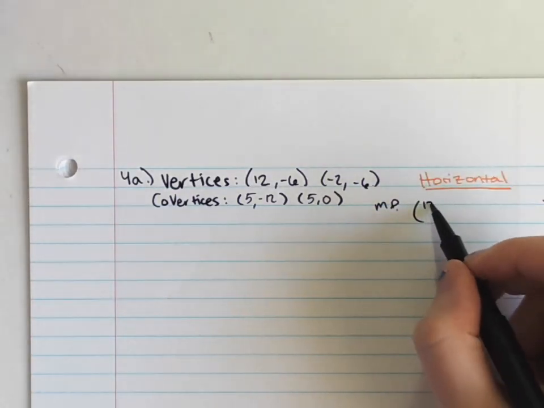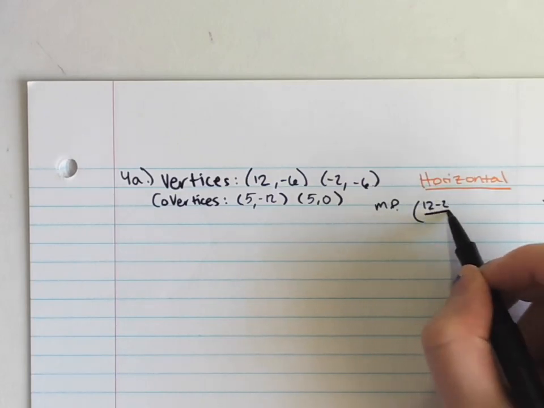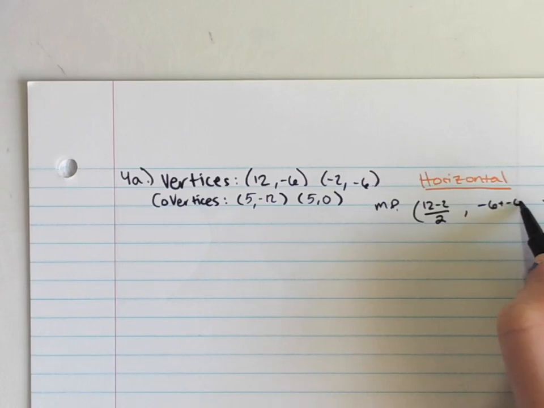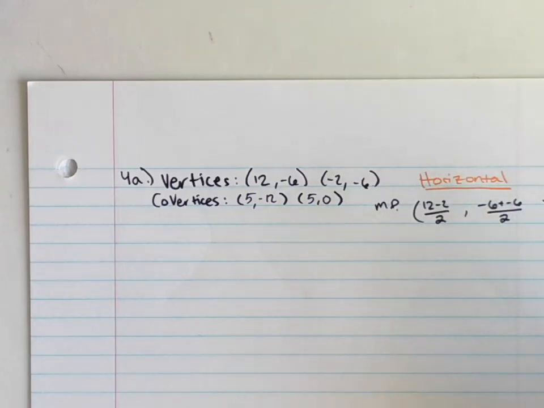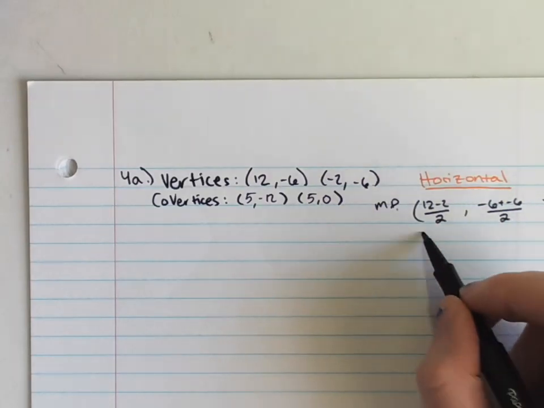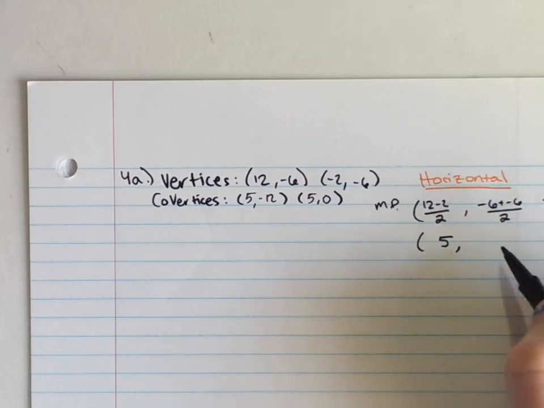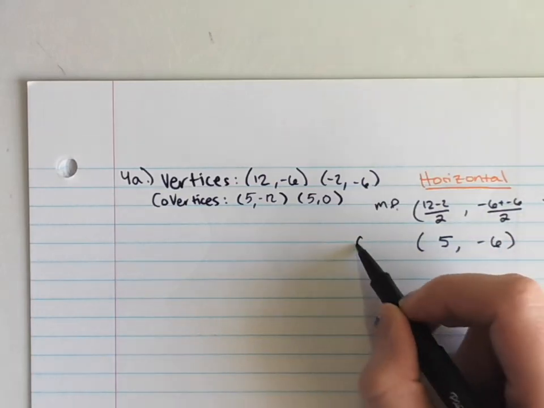So we're going to do 12 plus -2 over 2, -6 plus -6 over 2. Then we'll get 10 over 2, which is 5, and -12 over 2, which is -6. So there's our center.